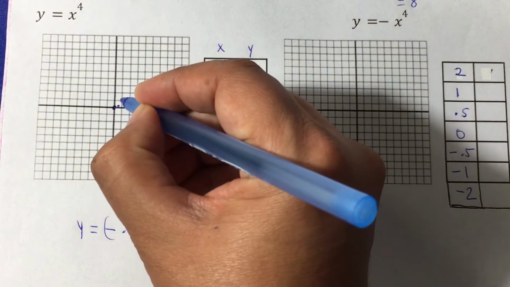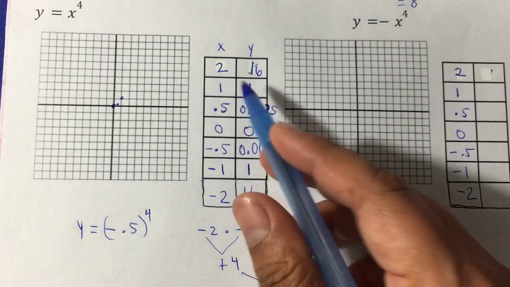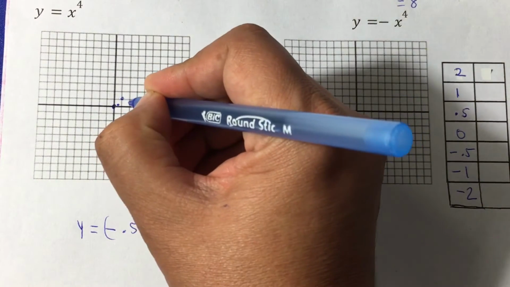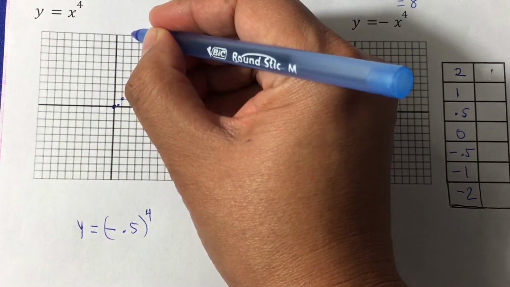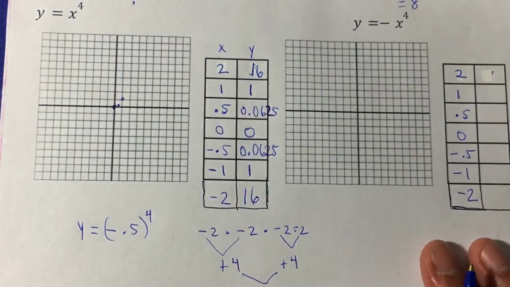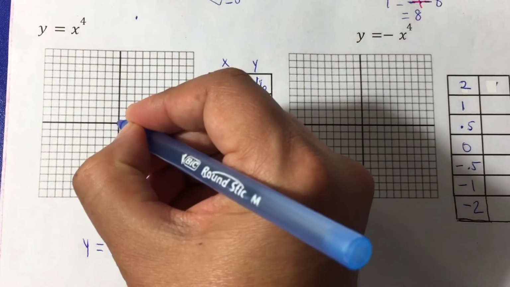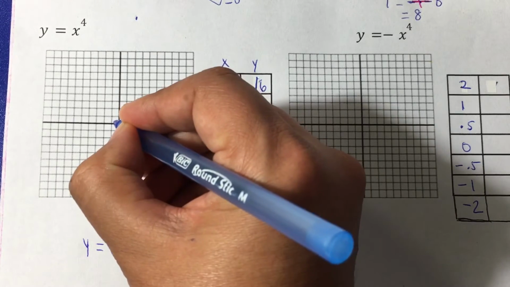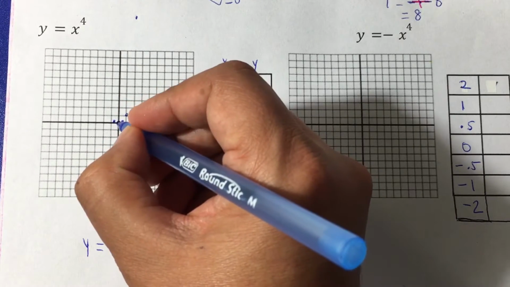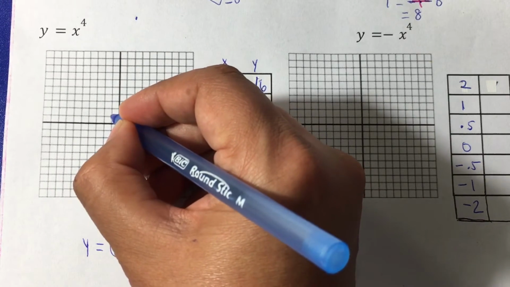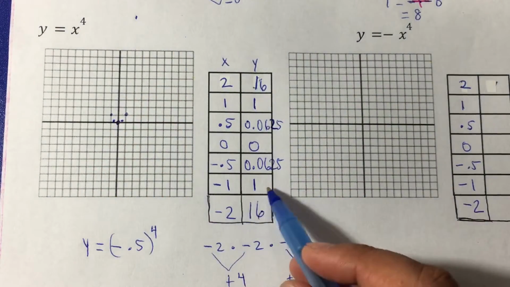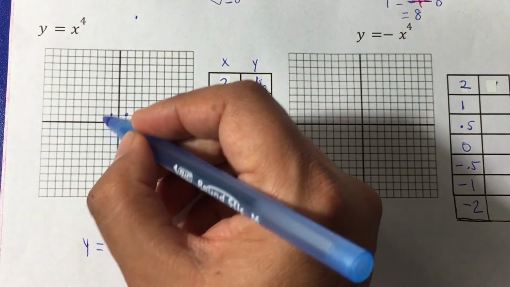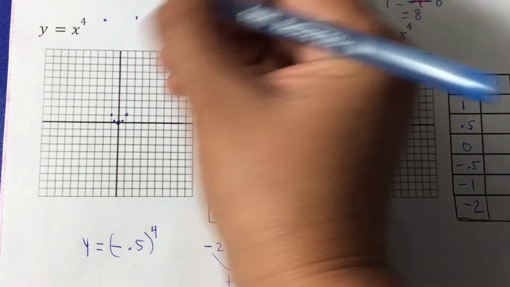Then for 2, 16, this is 10, so somewhere in there. Then for this one, 0.5, right there, very close, less than 1/10 of that. And then 1, 1, negative 1, positive 1, and negative 2, positive 16, somewhere up there.